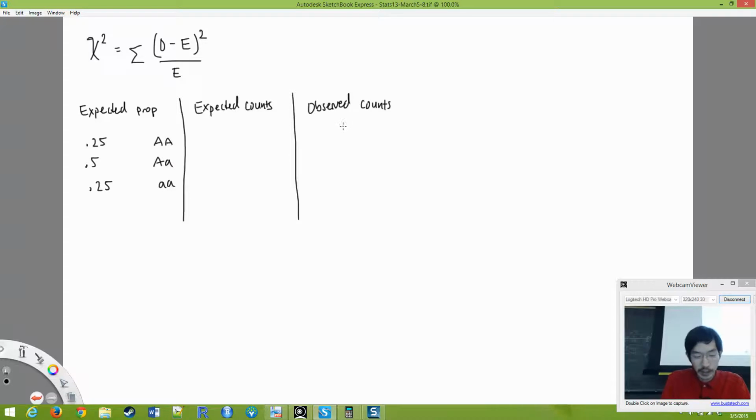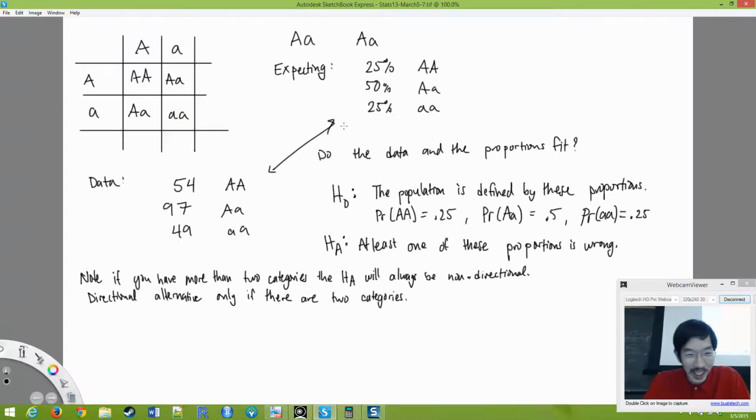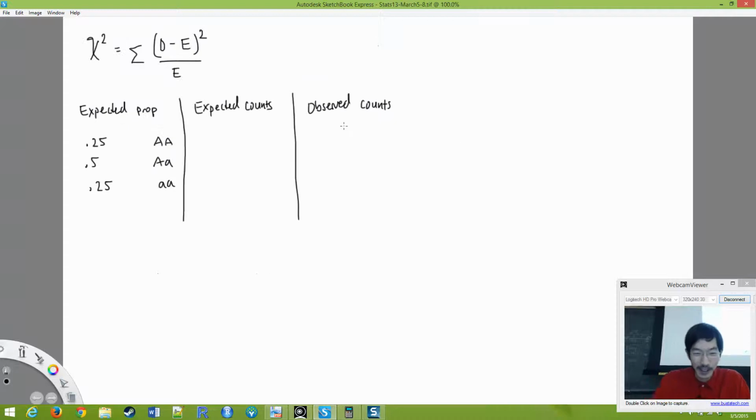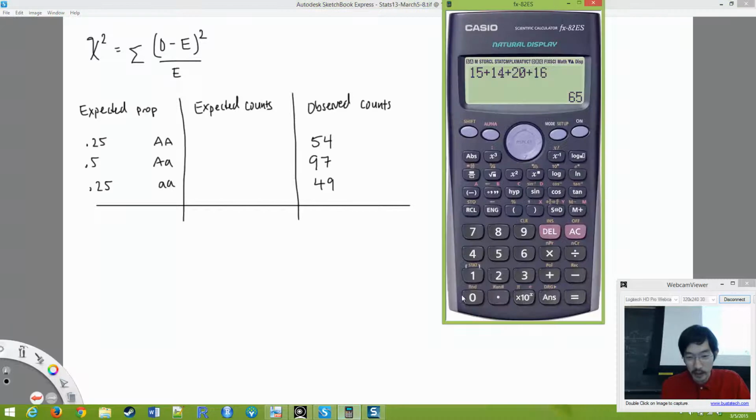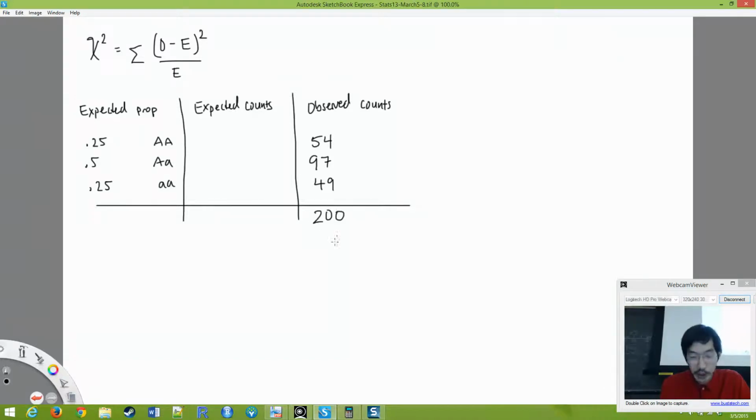So we observed a total of how many things? 54 plus 97 plus 49 adds up to 200 exactly. Okay, so we observed a total of 200.